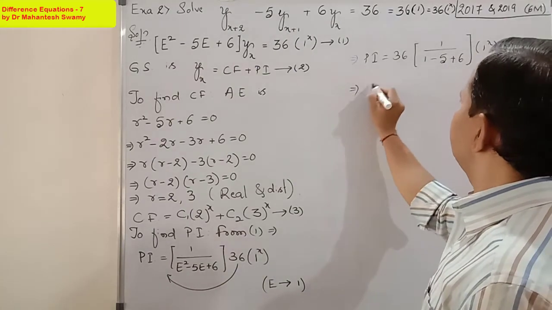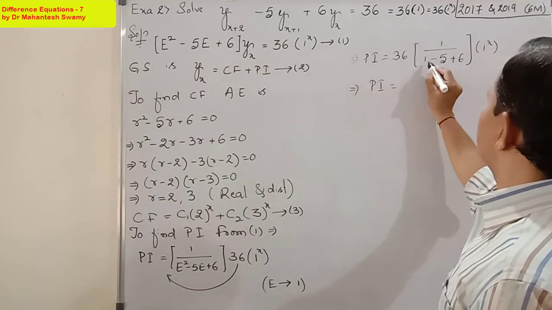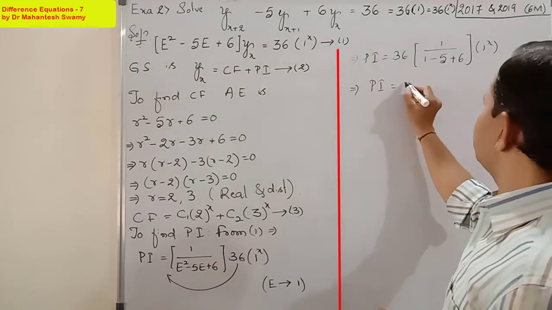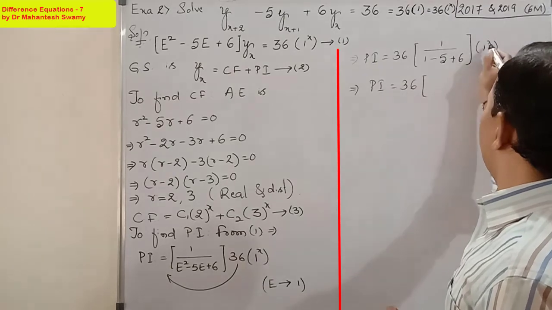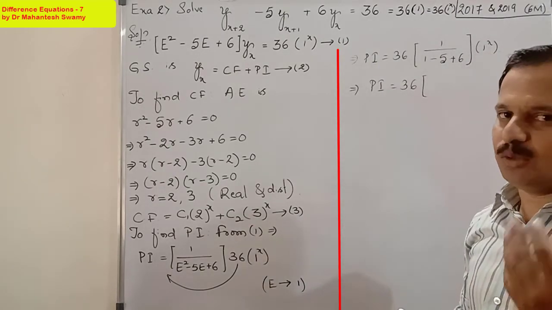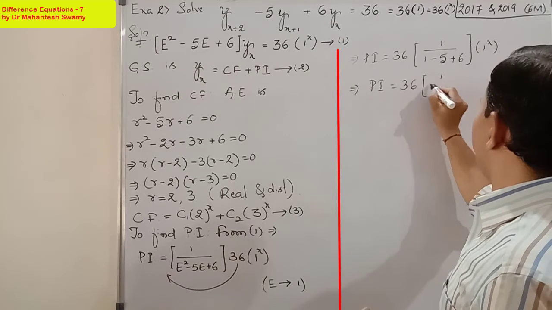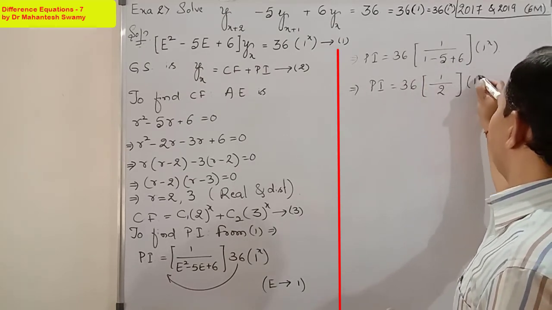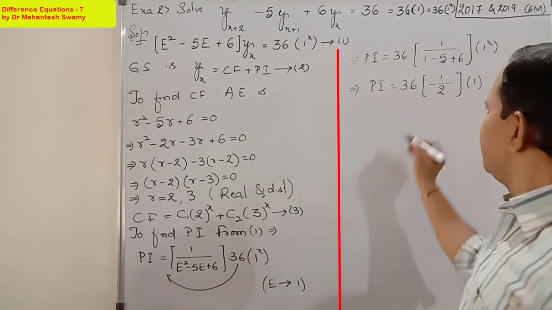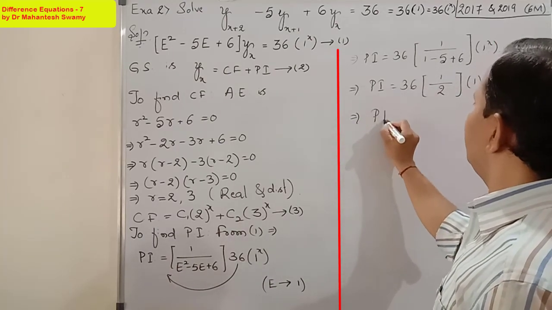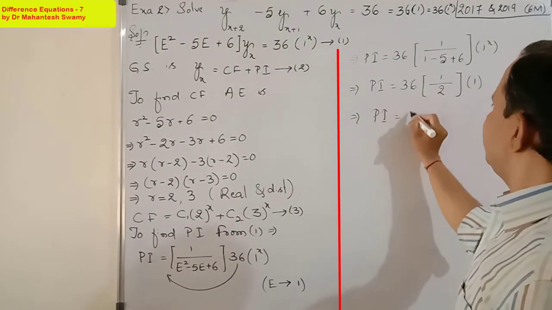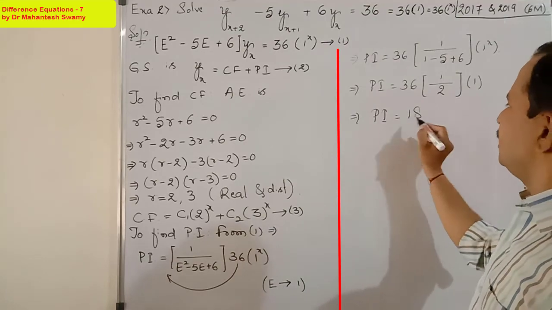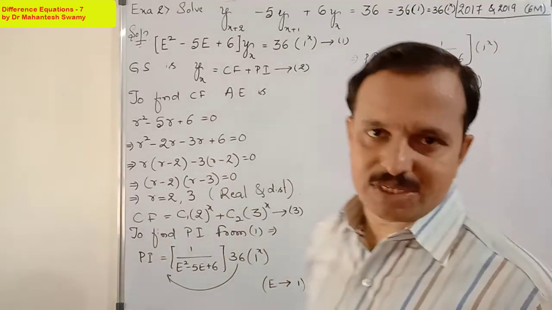Now 1 plus 6 is 7, 7 minus 5 is 2, so it is 36 into the bracket, 1 to the power x is 1, since 1 to the power of anything is 1, so it is simply 1 divided by 2. In the next step, the particular integral is equal to 18, that is 36 divided by 2 is 18. So the particular integral value we got in this case is 18.